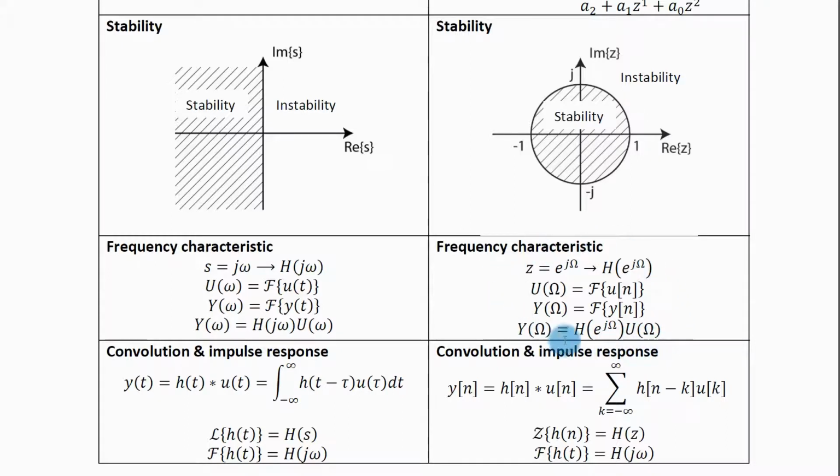These formulas give you a guideline how to compute the output of a system if you know the input and the frequency characteristic. You can compute the input spectrum, multiply it with the frequency characteristic, and then compute the inverse Fourier transform of the output spectrum to get the output in the time domain. We did this and we called it filtering in the spectral domain.